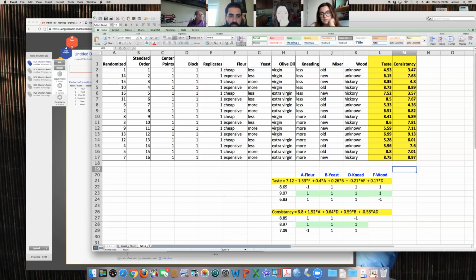Then I just went into the full factorial and basically just confirmed my gut feel. It was just, reduce the number. I believe at the end of the simulation, it confirms what you're seeing in the data already. So, use flour, yeast, kneading, and wood, and then run a full factorial on that, just as a confirmatory sort of thing.